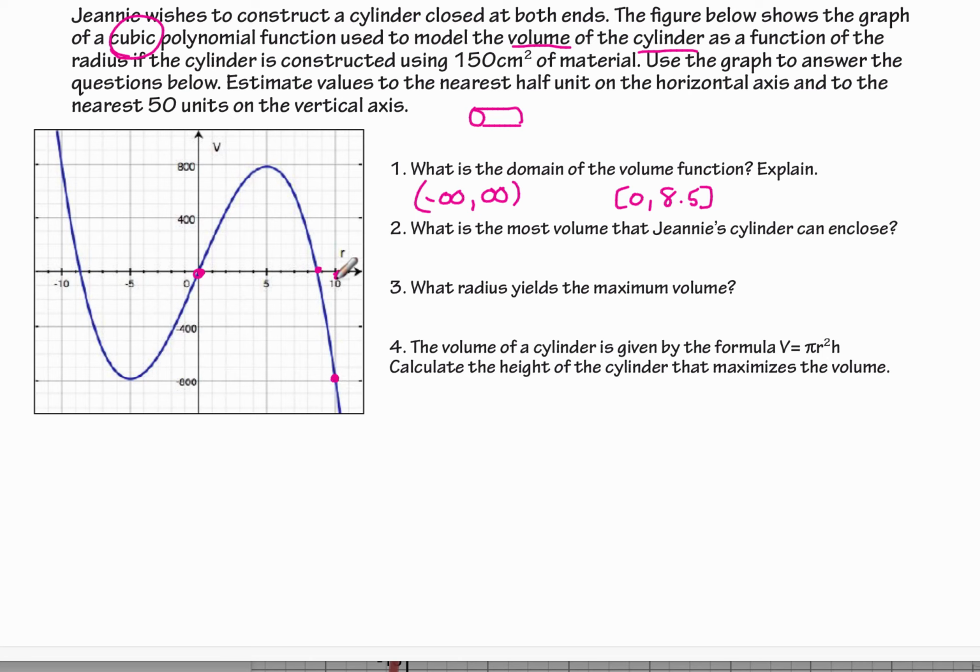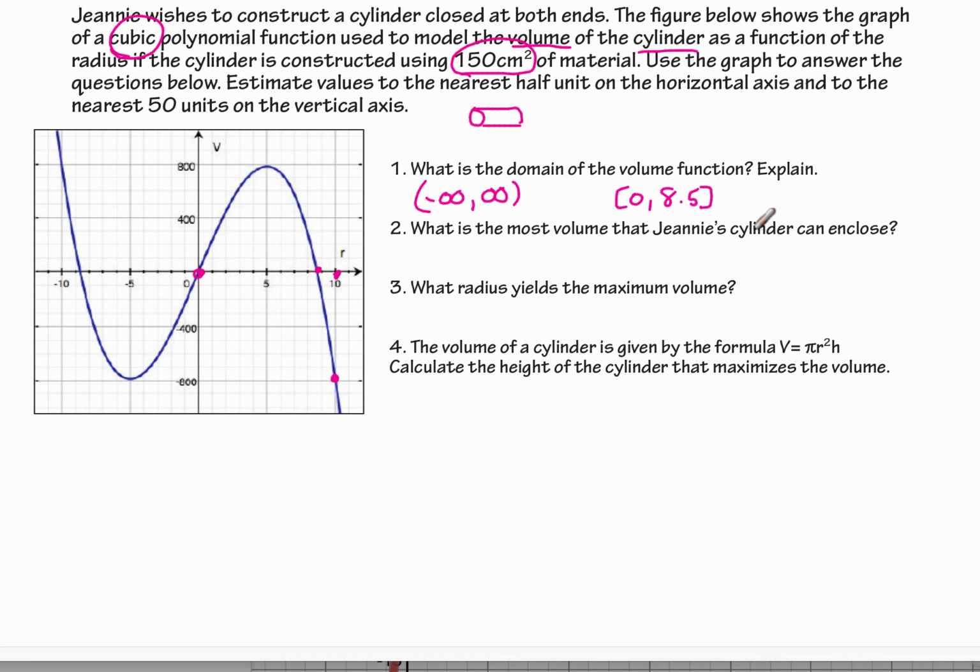And that radius of 10 is based on the fact that we have 150 square centimeters of material. Now, we don't know how she got this graph. We just want to analyze the picture. We'll do more creating the function, but right now we're still just trying to analyze the graph.